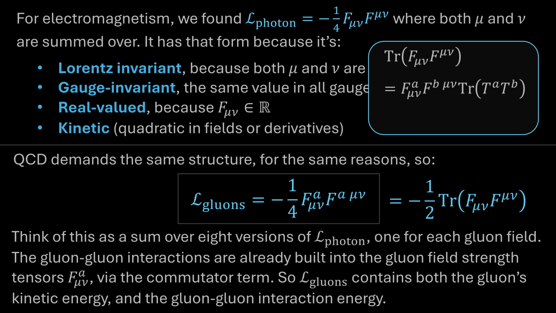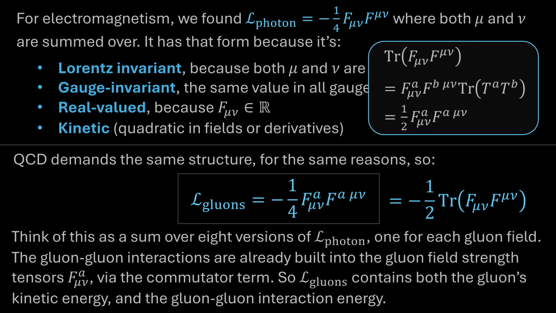And then one of the properties of the generators of SU3, as we've defined them, being half of the Gell-Mann matrices, is that by definition, we have that the trace of the product of T A and T B is going to be equal to 1/2 if A equals B, or 0 if A does not equal B. Okay, so this is, in other words, 1/2 the Kronecker delta.